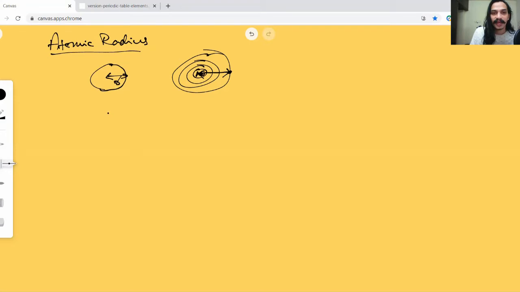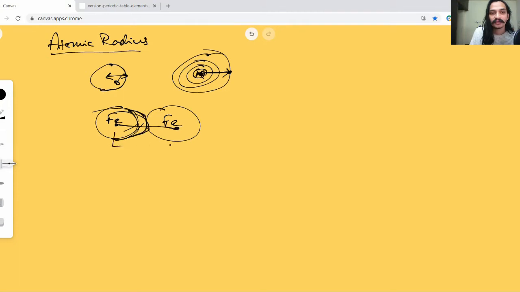But what we can do is take the distance between the nuclei of two neighboring atoms and half it. Okay, so for example, let me take a different element like iron. I'll assume that iron has two big atoms like this. From the center of one iron atom to the next iron atom, that would essentially be the radius of two atoms, right?